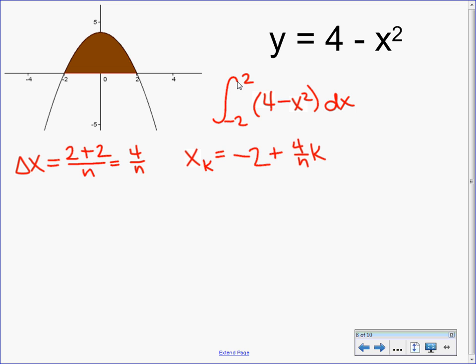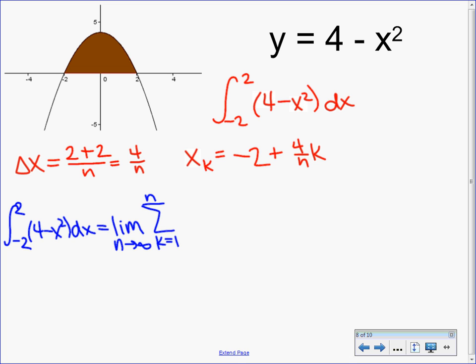So the integral from negative 2 to 2 of 4 minus x squared dx is going to be the limit as n approaches infinity of the summation k equals 1 to n of our function evaluated at x of k, that tells us how high each of our rectangles is, times delta x. So what I need is our function evaluated at x of k.